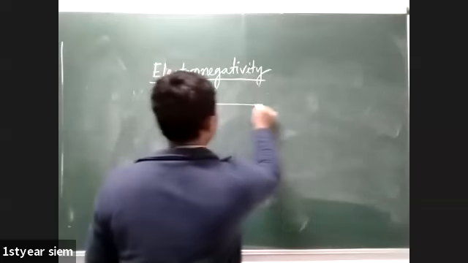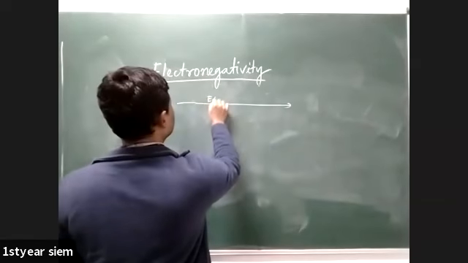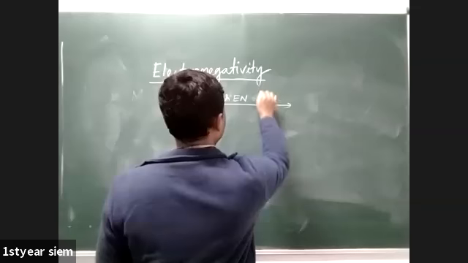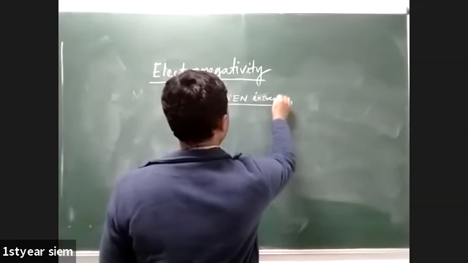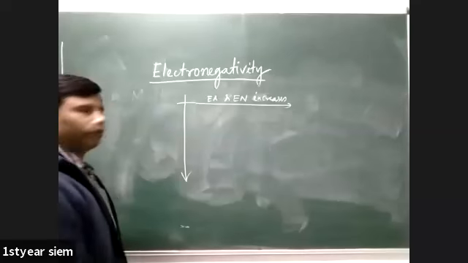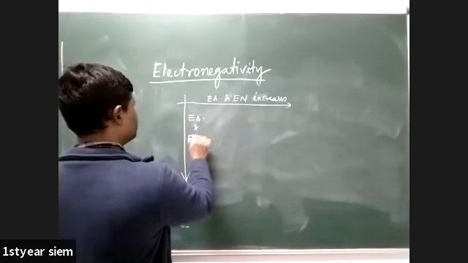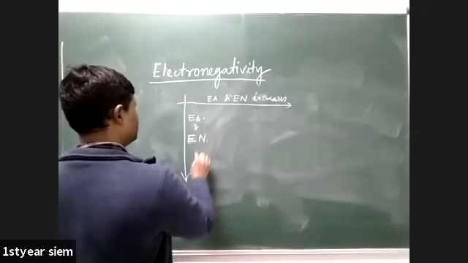From left to right, electron affinity increases, and electronegativity also increases. In a group, from top to bottom, electron affinity and electronegativity both decrease, as the size increases.